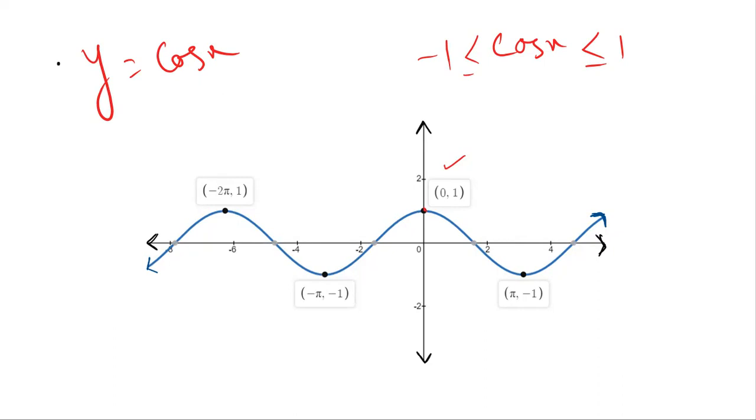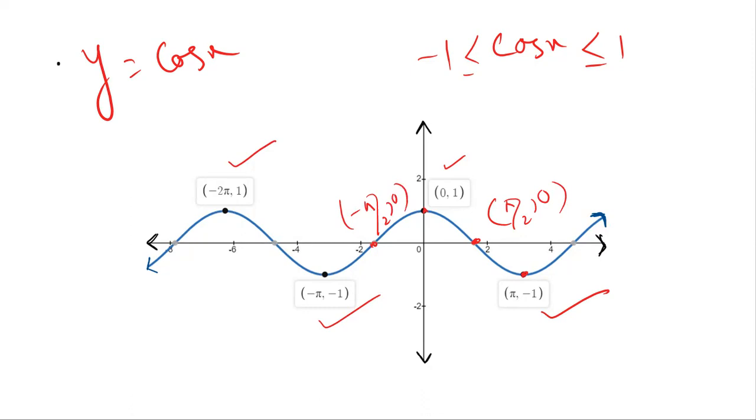So this is 0, 1, because cos 0 is 1. Same way cos pi is -1, that we know, cos of -pi is -1, cos of -2 pi is 1. And this point is nothing but pi by 2, 0. And this is also minus pi by 2, 0.